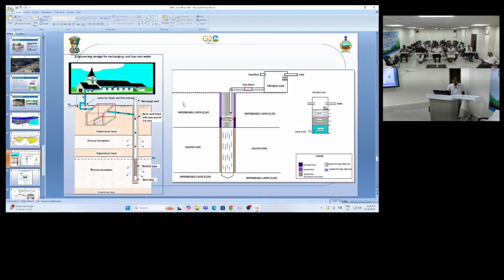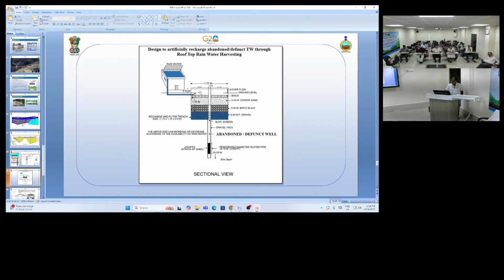The filtration chamber is kept outside, and we pass the water through filtration. In the next slide, the filter media will be just surrounding the well. Water will pass through this media, and some holes will be kept for water to percolate and go down for recharging.